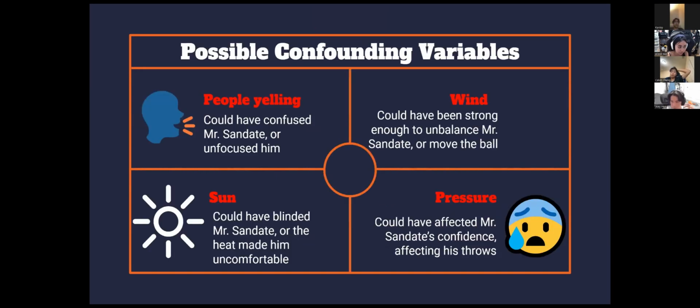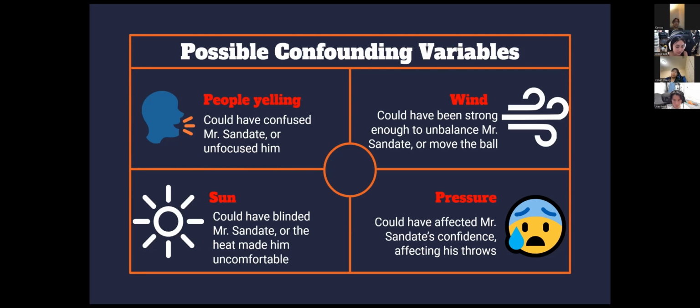Some possible confounding variables we thought of while collecting the data: during Mr. Sandate's free throws, there were a lot of people yelling, such as people in the pool during seventh period. There was also an audience yelling to cheer him on, which could have influenced it in a negative way.